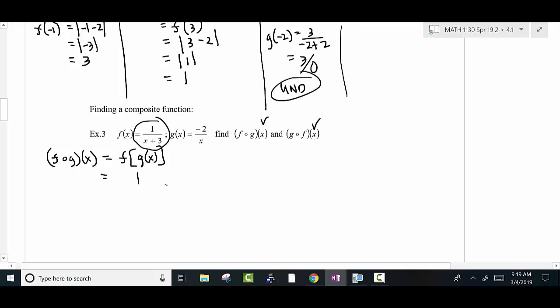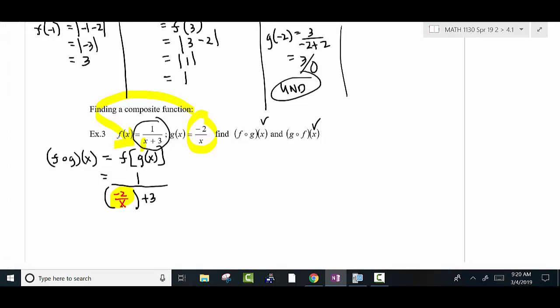So I would write down 1 over blank plus 3. And you're going to take that second function and plug it into x like that. So all you're doing is plugging the whole entire g into x. So what's going to go here is negative 2 over x. That is the function composition. Write the first function down, plug the second one in.